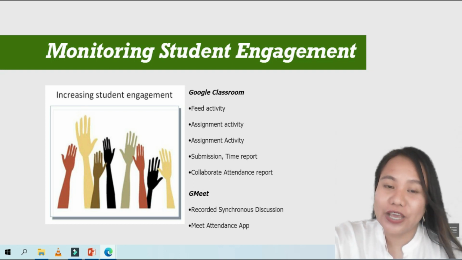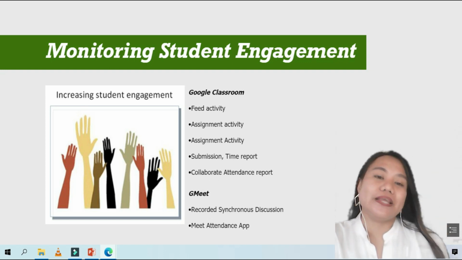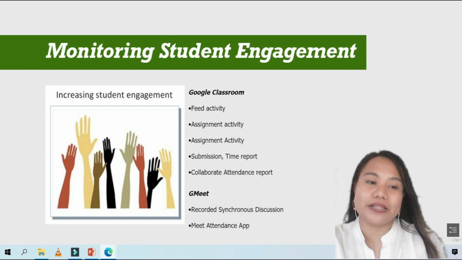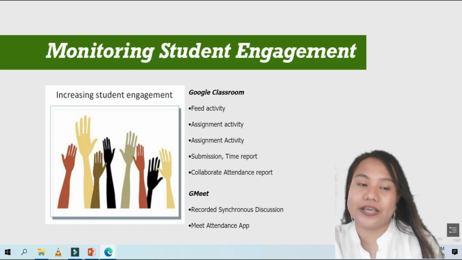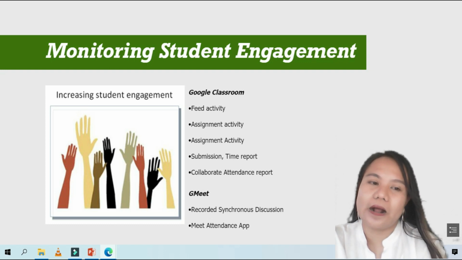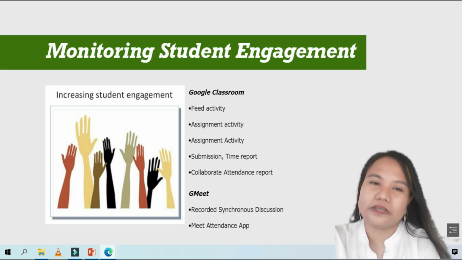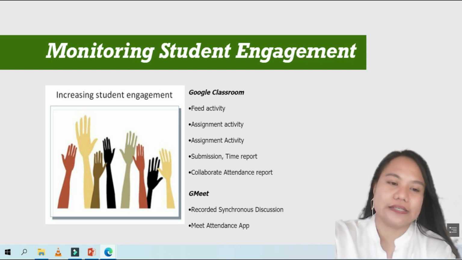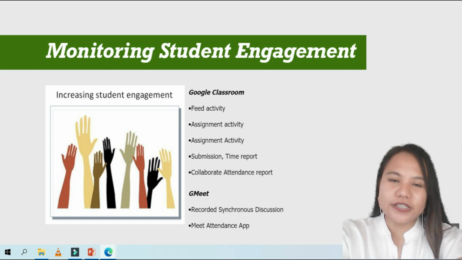In that way, we could increase the engagement of students and monitor the activities and tasks submitted by our students, so that we can relate to them about their shortcomings and the missing submission of their activities for the class.